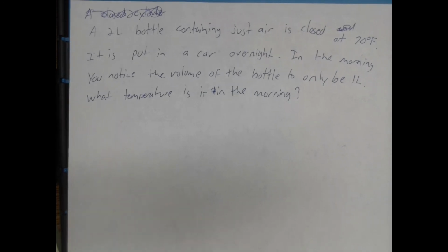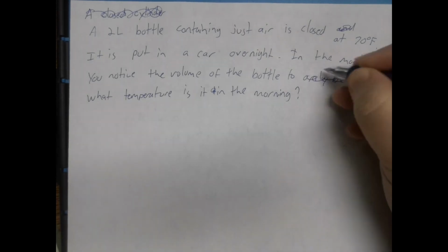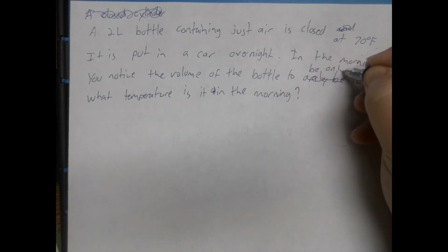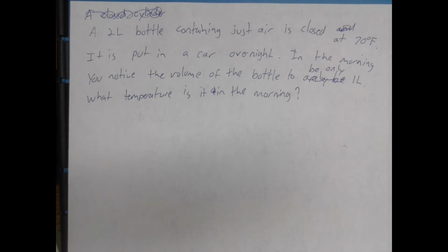So a 2 liter bottle containing just air is closed at 70 degrees Fahrenheit. It is put into a car overnight. In the morning, you notice the volume of the bottle to be only 1 liter. So as temperature drops, the volume goes down.